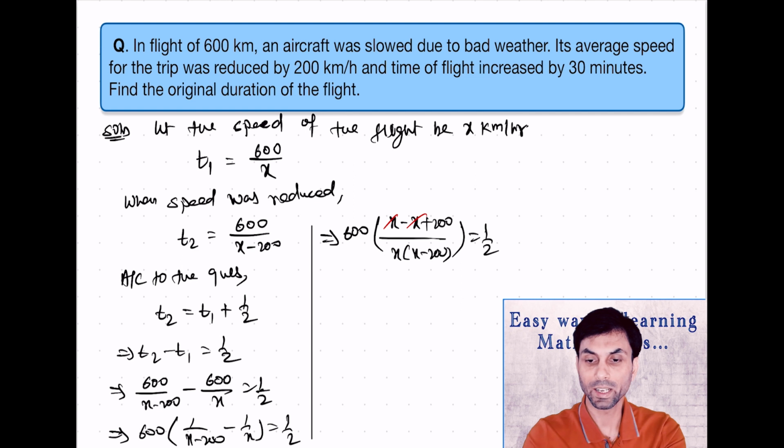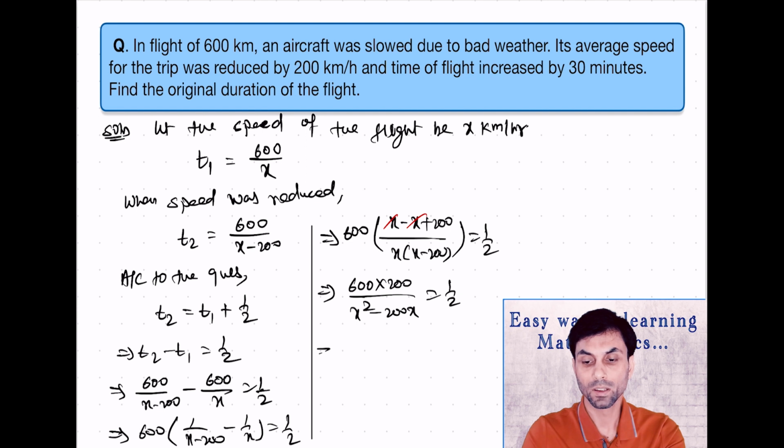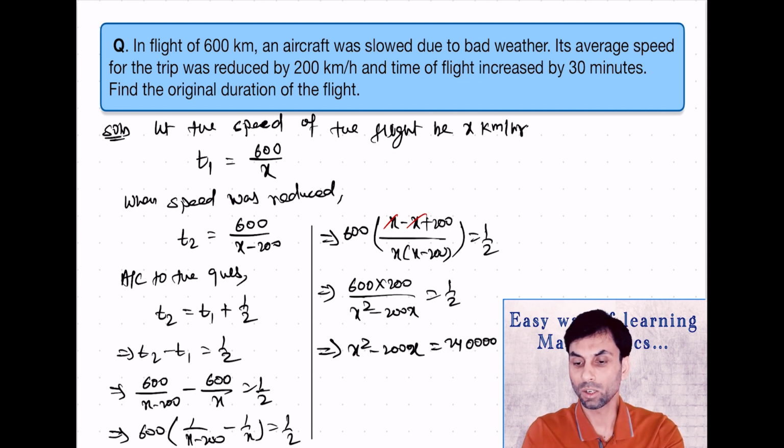Here x and x will get cancelled. We'll get 600 into 200 upon x square minus 200x equals to half, which will be equals to x square minus 200x equals to 24 into 10,000, which is equals to x square minus 200x minus 2,40,000 equals to 0.